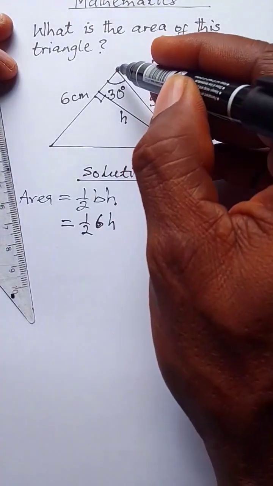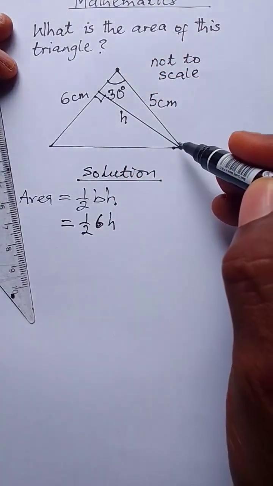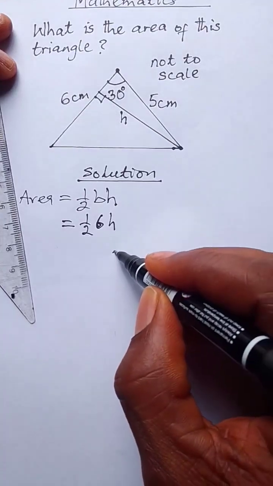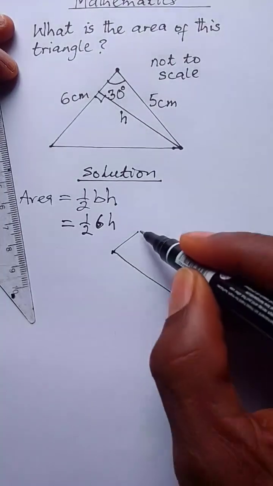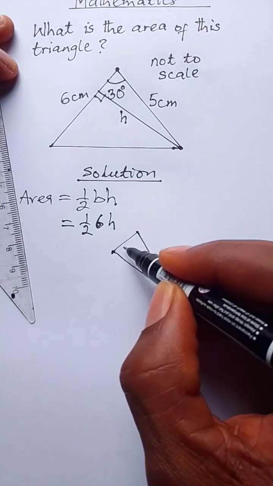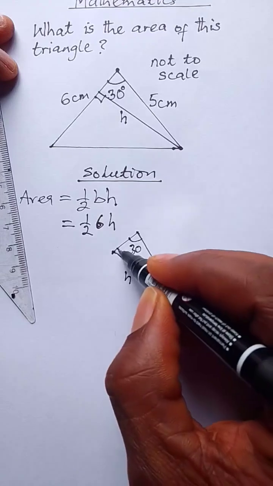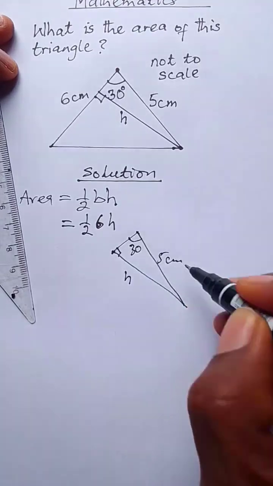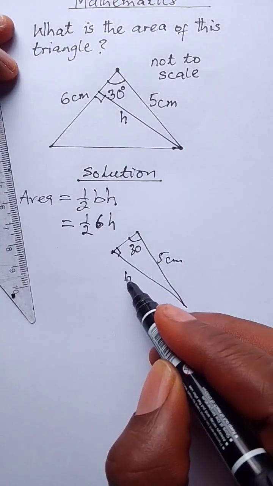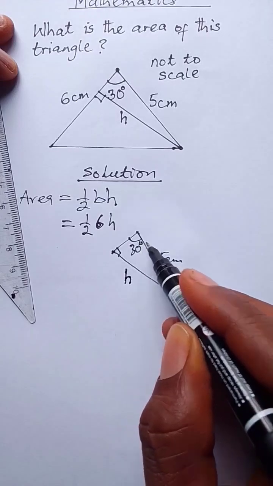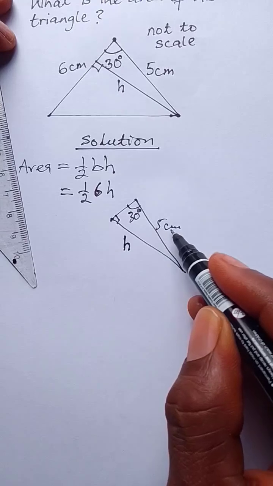But looking at this triangle, I've gotten another triangle from here. I will realize that this triangle is a right angle triangle. This angle is 30 degrees. This is H and this is 5 centimeters. So I will find a way to express my height in terms of 30 degrees and this side of 5 centimeters.